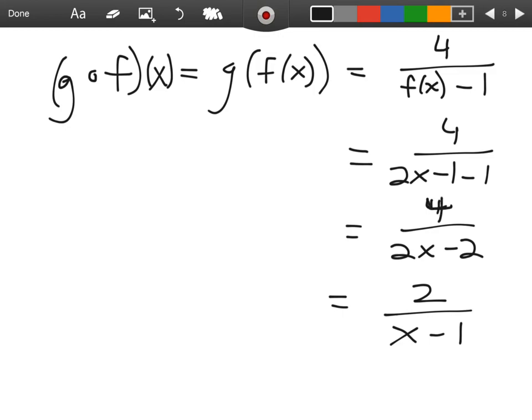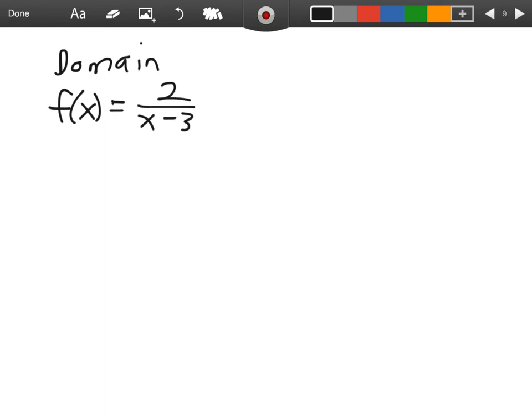Okay? Now let's talk about domain of these guys. When we consider the domain of a composition function, we have to consider the domains of the original functions as well. So let's say that I have f of x is equal to 2 over x minus 3. And I have g of x is equal to the square root of x plus 4.